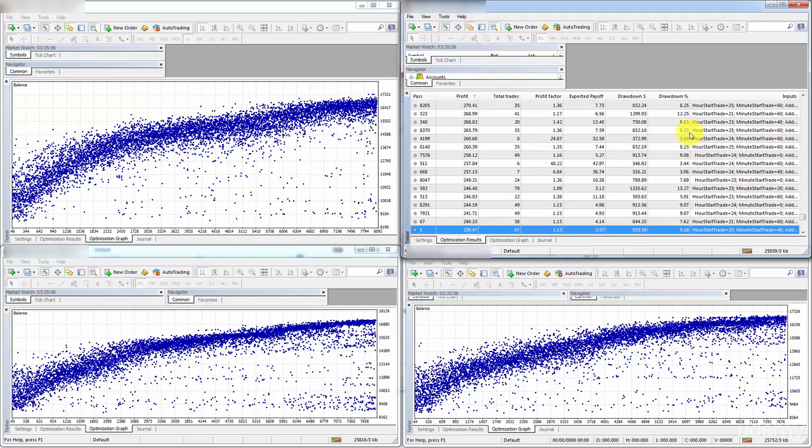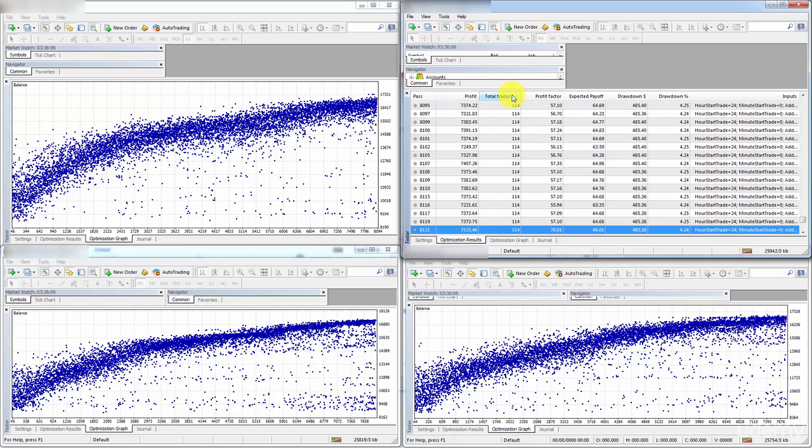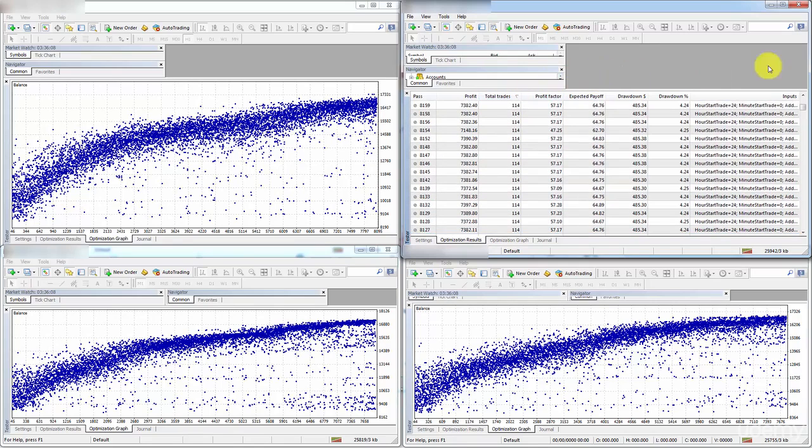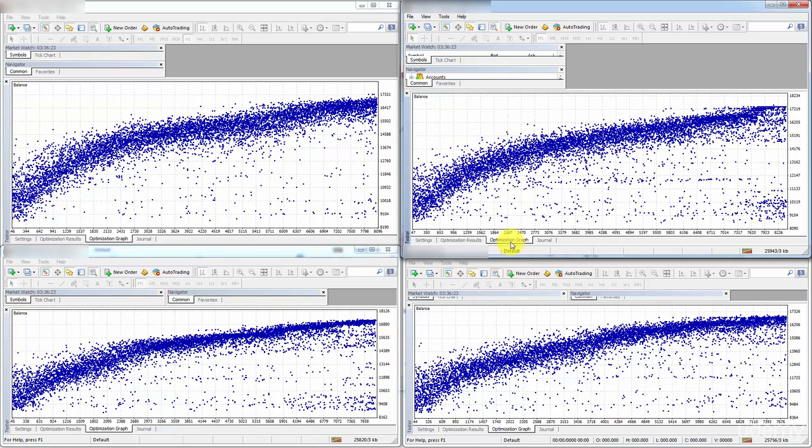Am I interested in maximum profit? Yep, there you go, 7,500, right? Those of you who know me well know that I might go for total trades. Even if there's less profit here and a higher drawdown, I can see that there are more total trades. So I will still investigate that one because for me, it is more statistically significant. But once again, that's a whole different story.